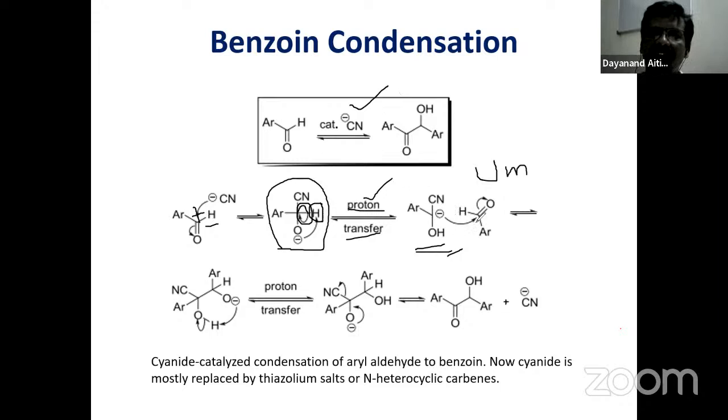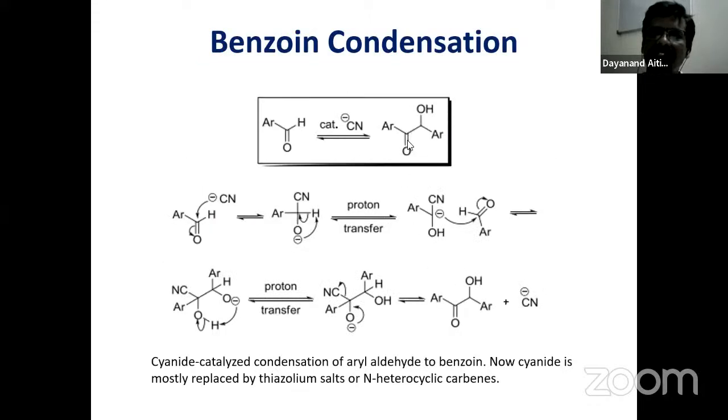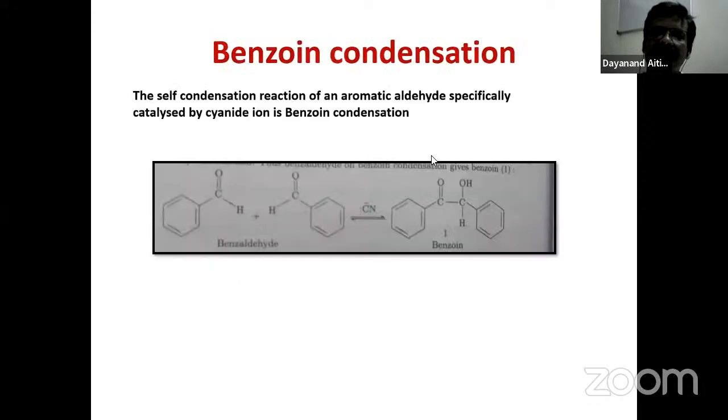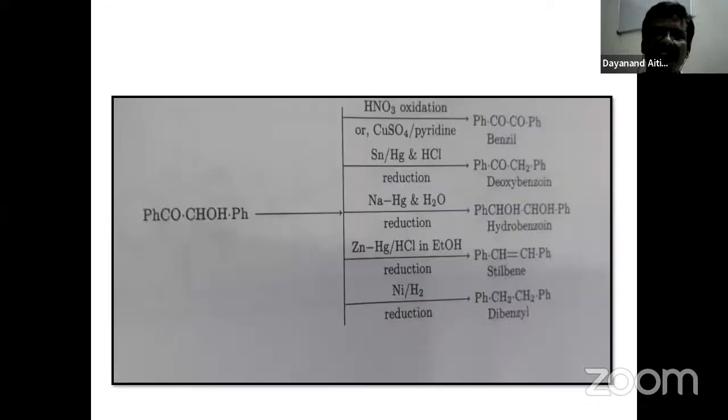And later on, this is again added, bonded to the nucleophilic carbon. Finally, proton transfer. It is known as benzoin. Benzoin is formed. It is known as benzoin condensation. What is benzoin? Having C double bond O on one side and OH on the other side. It's called benzoin.